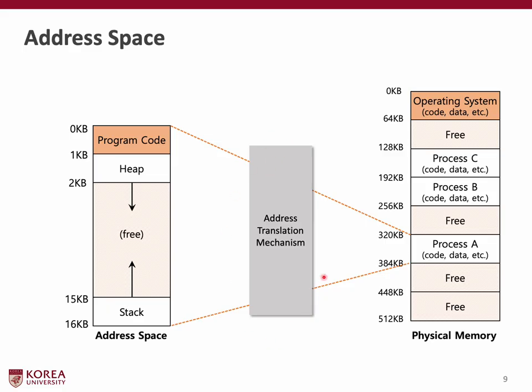That's the role of the address translation mechanism, and it's really the key idea of memory virtualization. For example, if a process tries to access the program code area at 0 kilobytes in its virtual address space, then this address is actually translated to 320 kilobytes in physical memory. This is the basic concept of address translation.